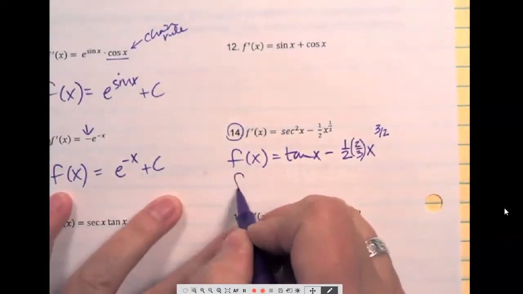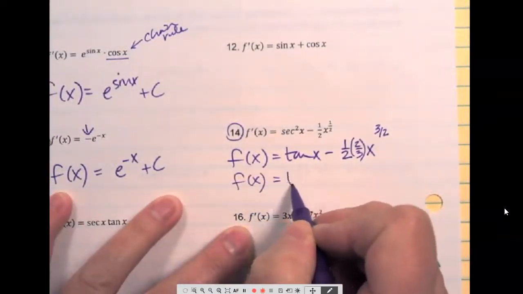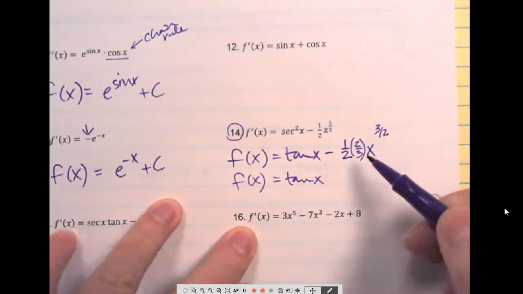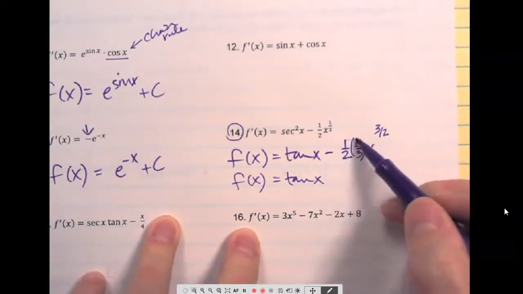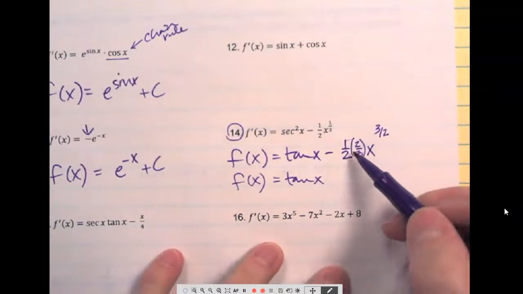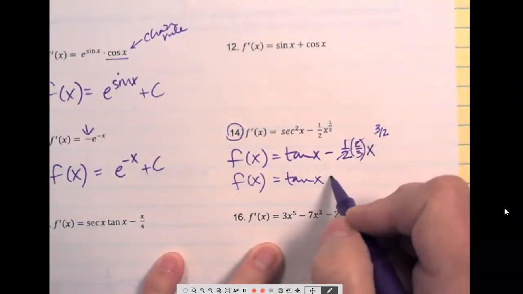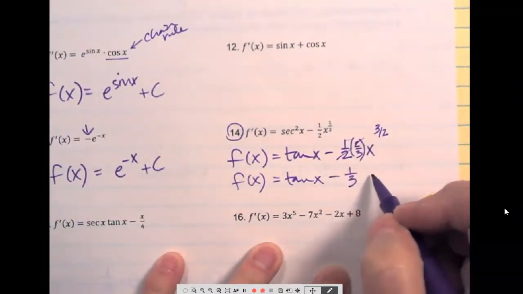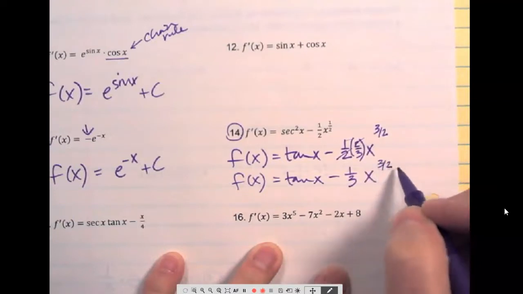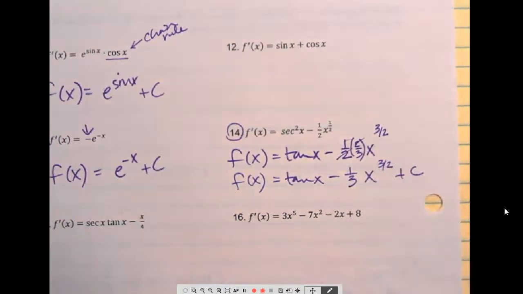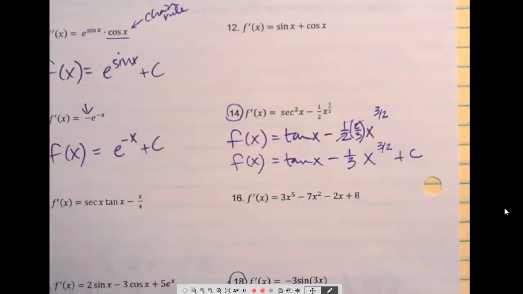So then this becomes tangent. Those 2's will actually cancel, or you can leave it 2/6. I don't really care. Reduce it or not. If we reduce it, it becomes a 1/3. X to the 3/2. Tack on the plus c. Okay with that one?